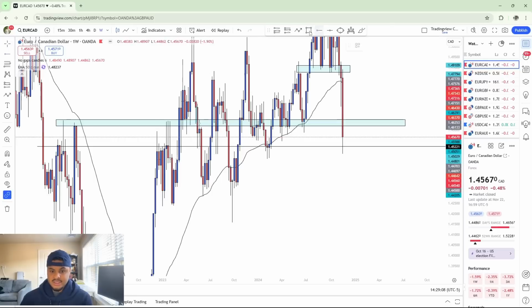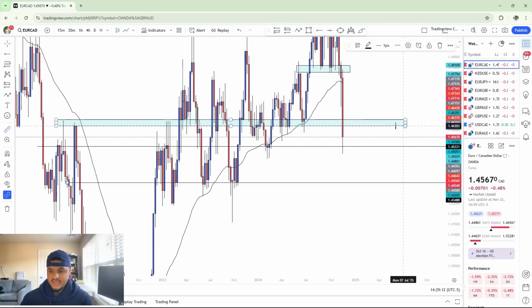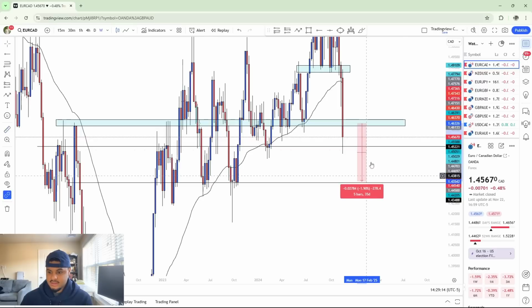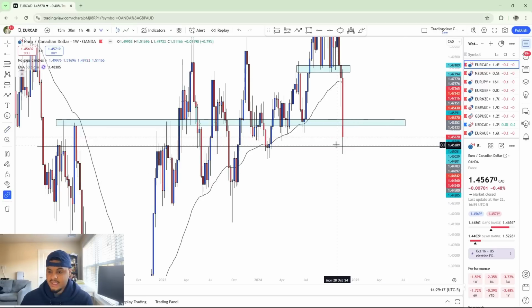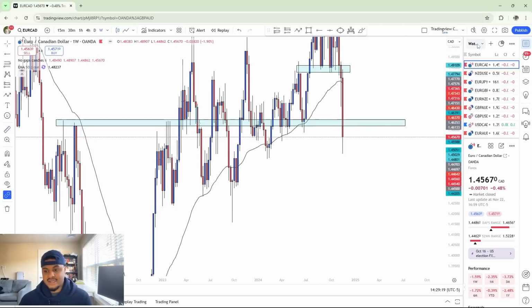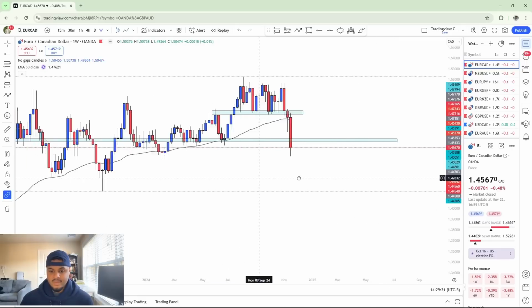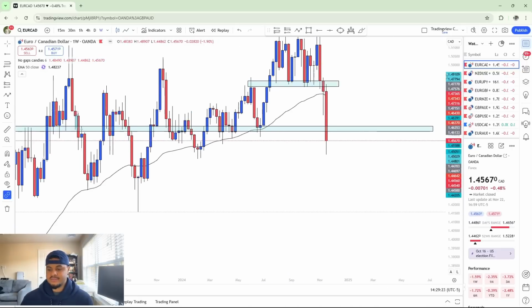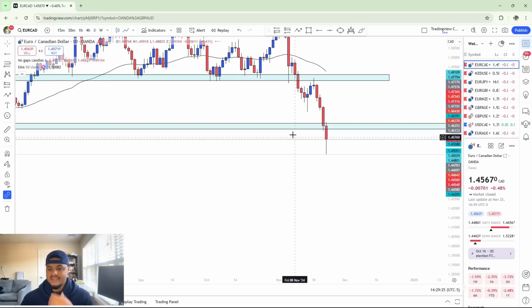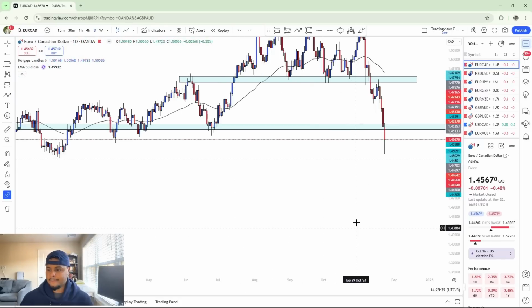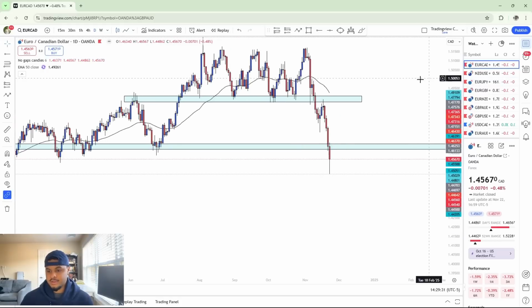Could also potentially come down here, and that is 278 pips. It did 300 pips last week, so we know it's got it in it. But beautiful area of interest. Love how the weekly and daily are bearish. Love how clean it is, right? So that's my number one pair for the week.